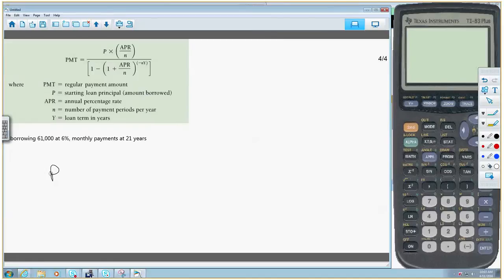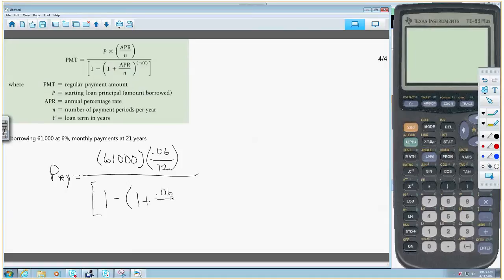Your payment is going to be equal to $61,000 times 0.06 over 12, all that over 1 minus 1 plus 0.06 divided by 12 raised to the negative n, where n is 12 times 21. That's 252.